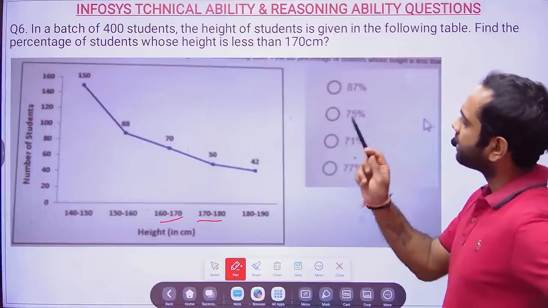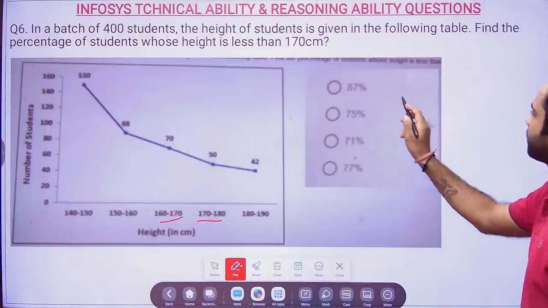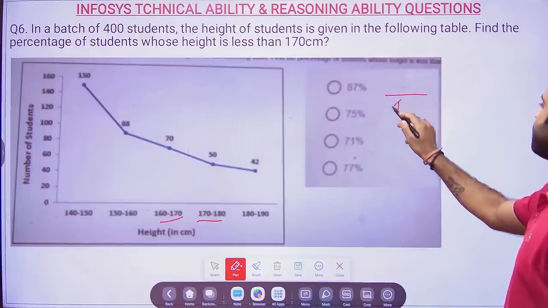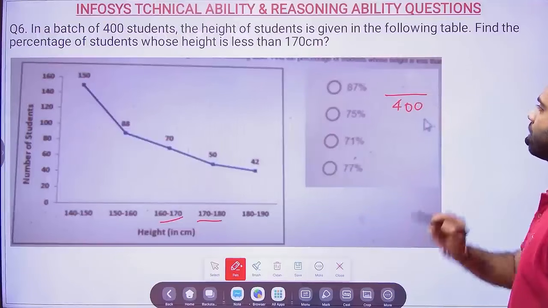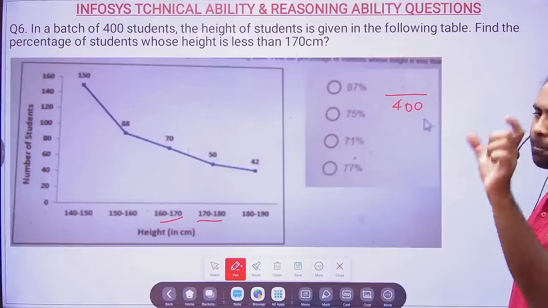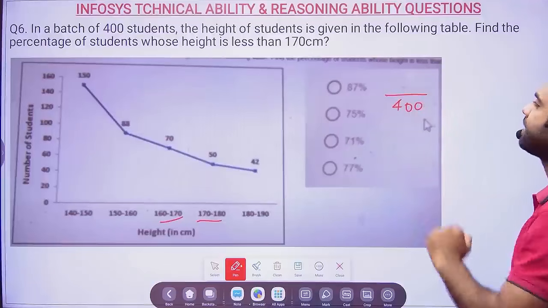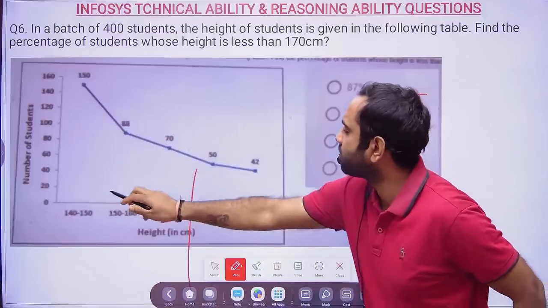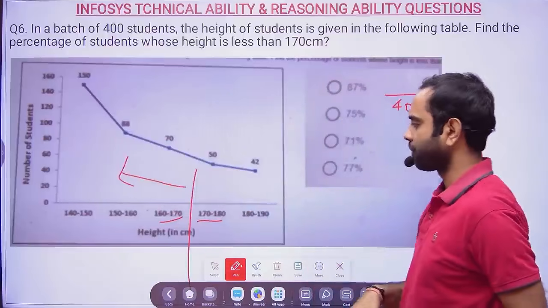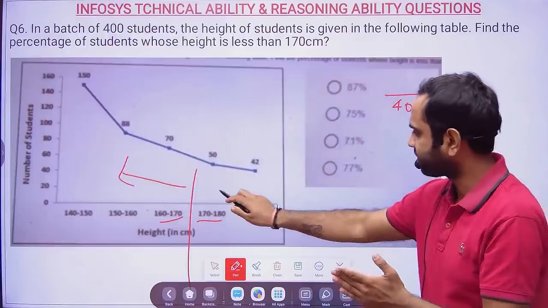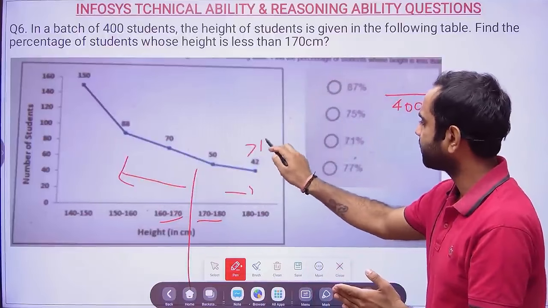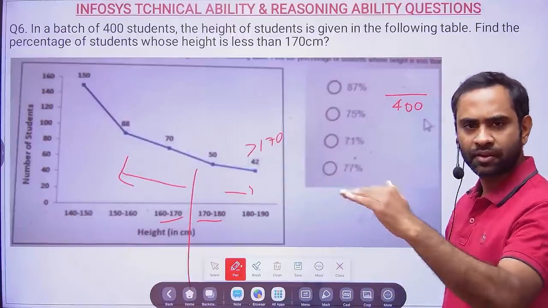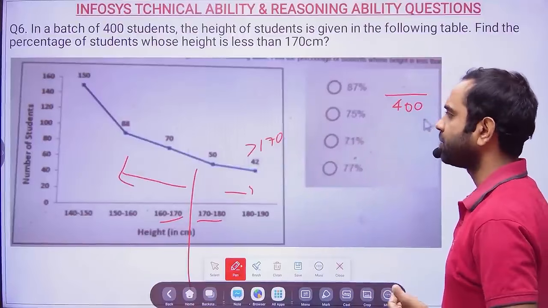Okay, they are telling the total number of students is 400. No problem. You tell me the percentage of the students whose height is less than 170 centimeter. So less than 170 centimeter is this particular area. See, this right side is more than 170, left side is less than 170 centimeter height.